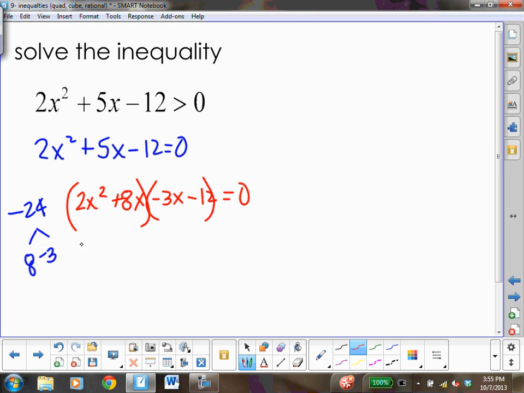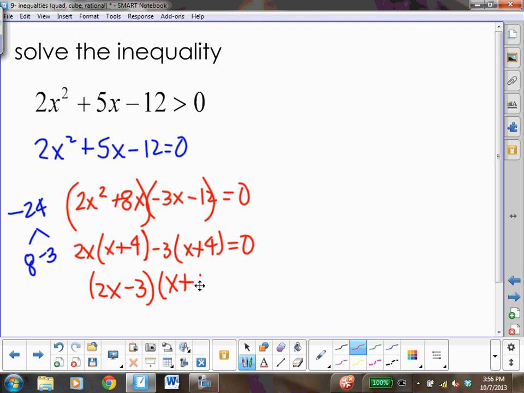Group. So I'll pull out a 2x from the first group and be left with x plus 4. And I will pull out a negative 3 from the second group, and be left with x plus 4. So my two factors are 2x minus 3 and x plus 4.